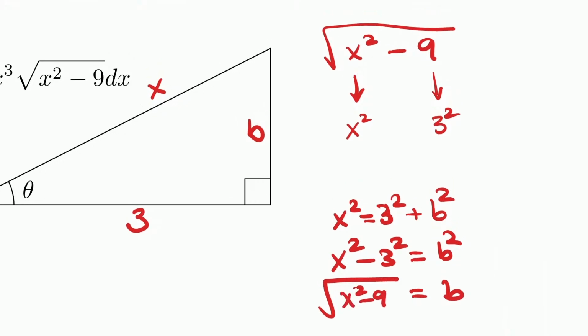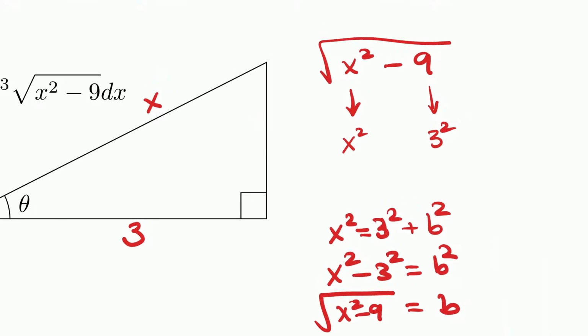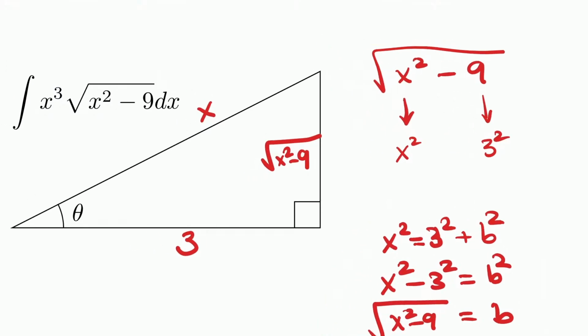Sure enough, I've got one of my sides equal to that radical, which is what I wanted. So this is radical x squared minus 9. Let me pause there because that really is the most important step. As Michael said, I'm glad you brought this up: if you don't get that particular part of setting up the triangle, you're not going to be able to get the rest. This is the keystone, the linchpin, if you will, of this type of solution.